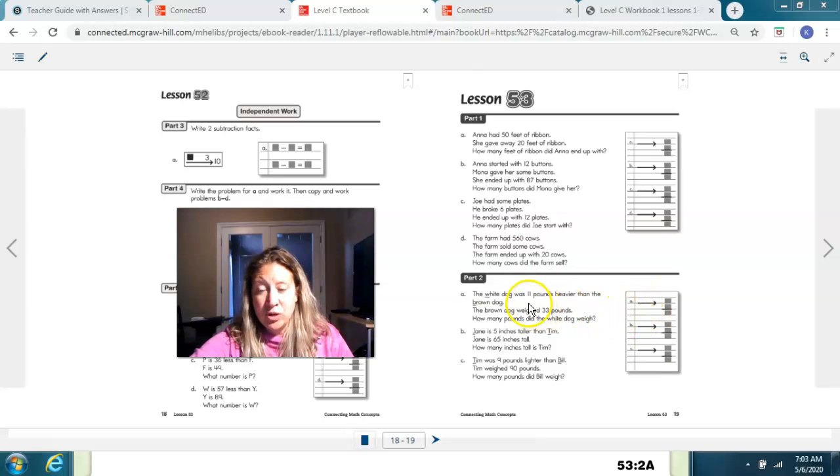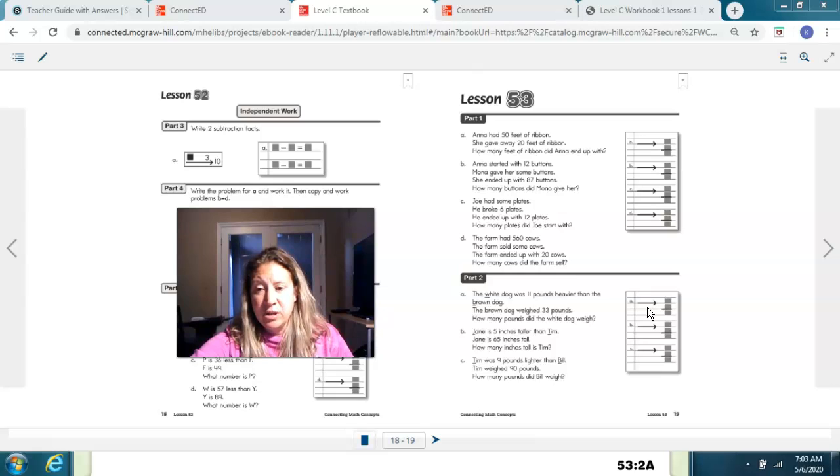Then let's reread without the number. The white dog was heavier or more than the brown dog. So if the white dog is more, where is the W going to go? The W will be the big number, and the B will be the small number, right?